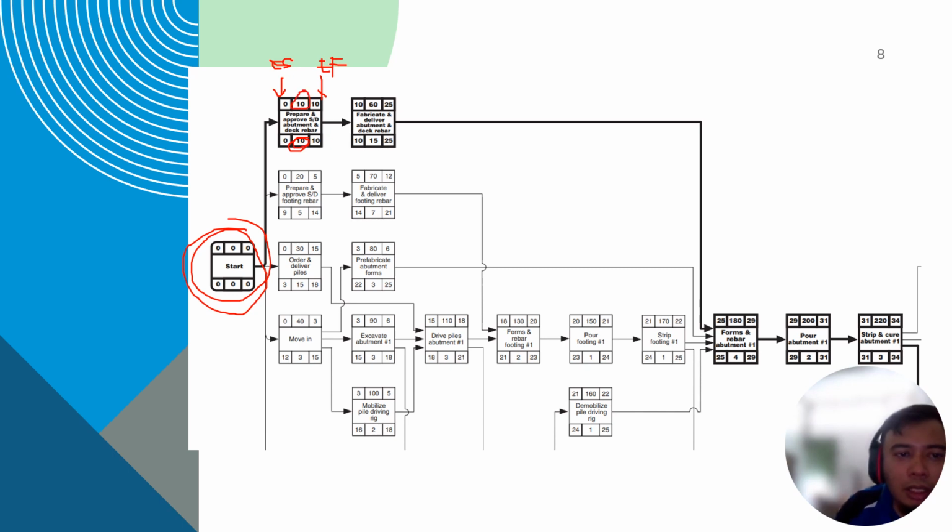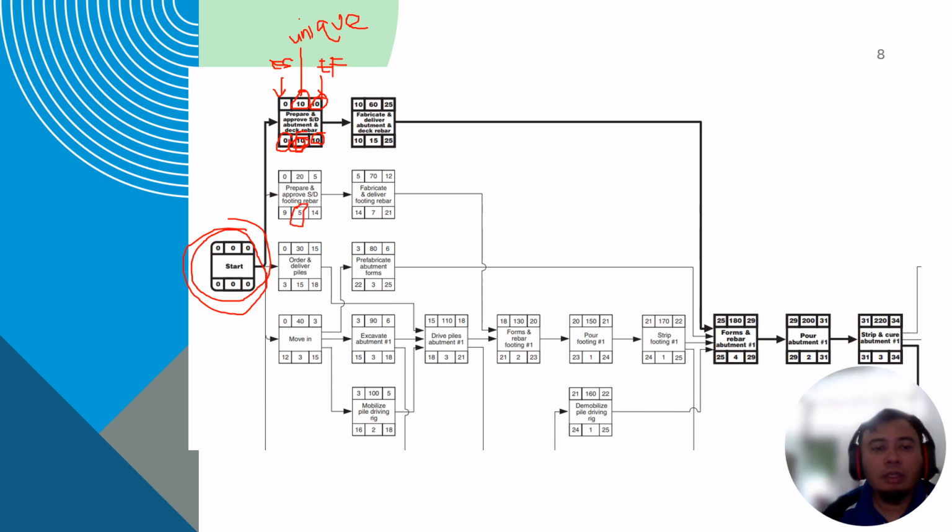This is not 10 days, this is your unique identification number. This is your late finish. We will go through how you can calculate these numbers. But having gone through our discussion today, you should be able to estimate the duration for each activity.